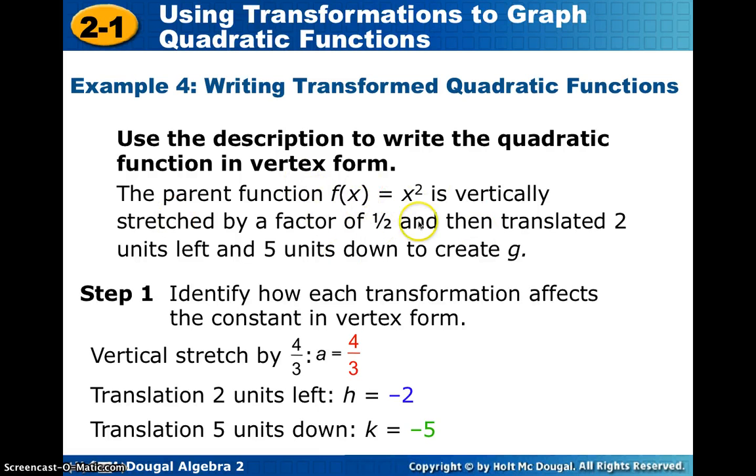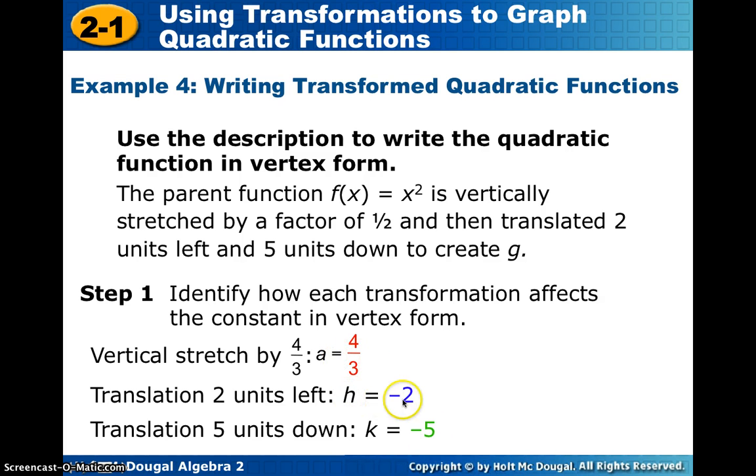It looks like I say a factor of 1/2 up here, and we have a factor of 4/3 here. That would be a typo. Let's say it's stretched vertically by a factor of 1/2. Instead of having a be 4/3 here, we need to have a be 1/2. Translated 2 units to the left means that h is going to be -2. And since it says 5 units down, we're going to let k be -5.